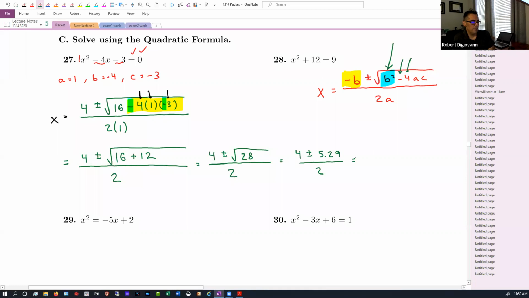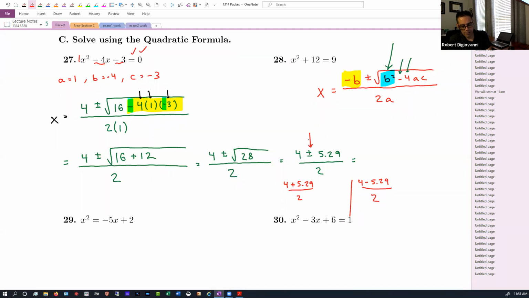All right, and now I have 2 different things to do. I have to do 4 plus 5.29 over 2, and then I have to do 4 minus 5.29 over 2. So 2 separate problems to do because I have a plus or minus there. So I'm just going to do both of those and give you the answers.